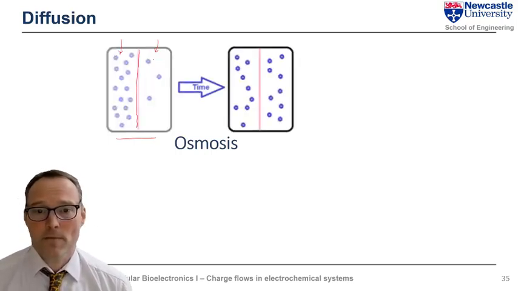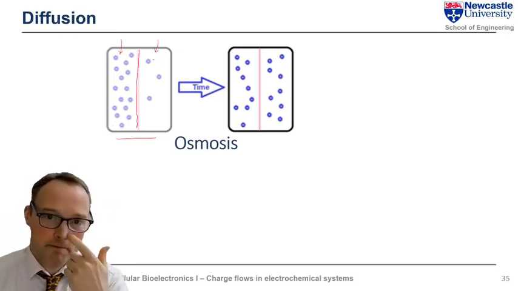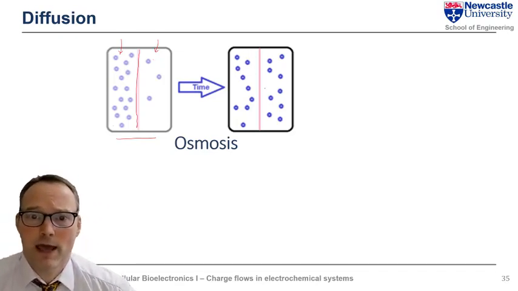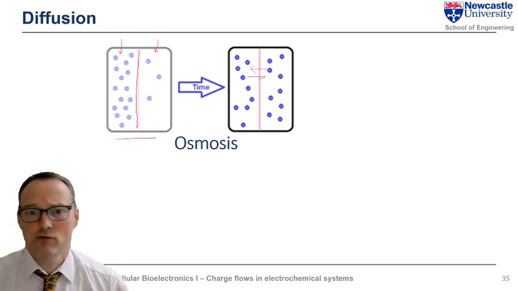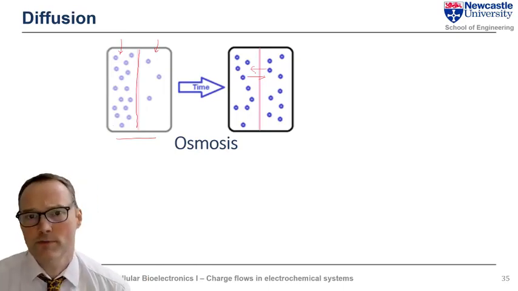Now, if that bar is permeable, then over time the atoms start to move around until there's roughly an even number of atoms on either side. This is called osmosis.